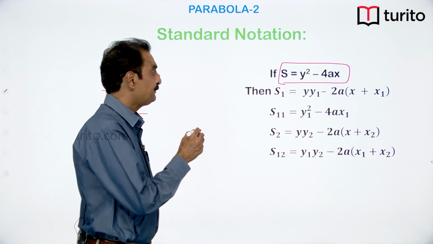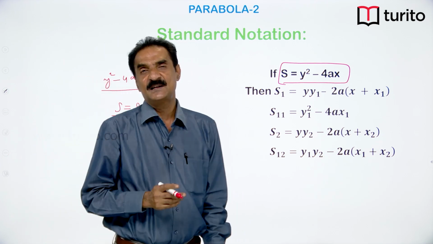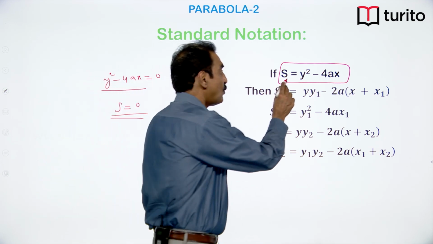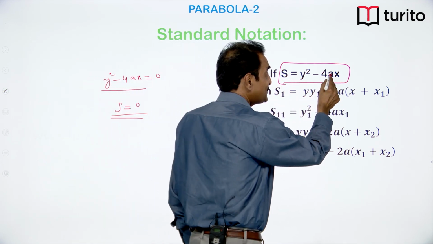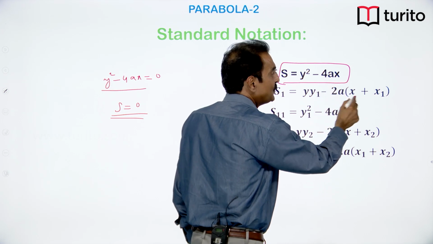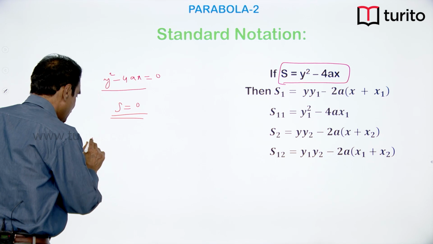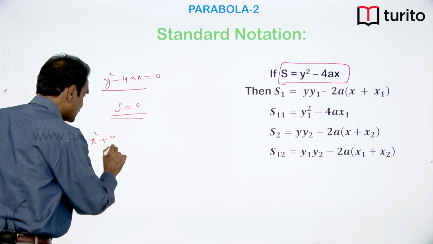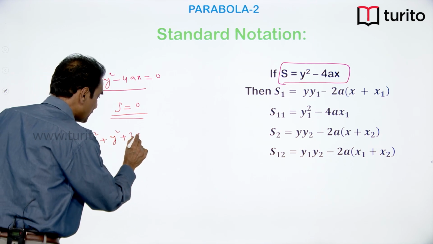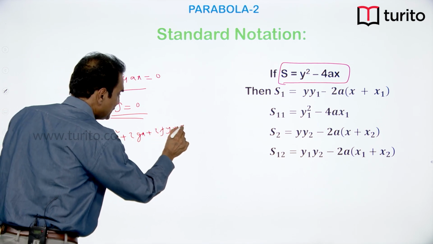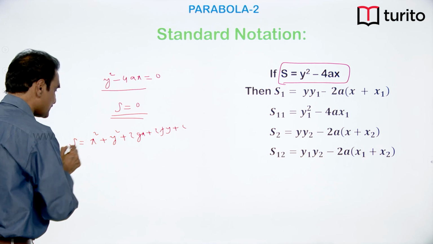Now, just like in circles, S1 is y y1 minus 2a into x plus x1. We have seen the notation in circles, x square plus y square plus 2gx plus 2fy plus c. This expression is denoted by S.